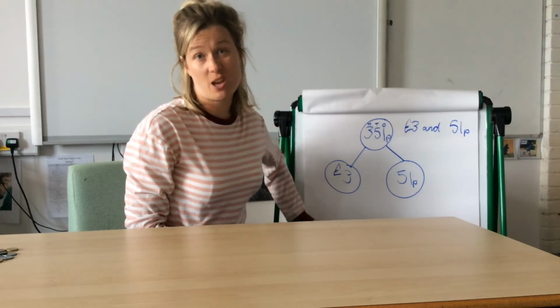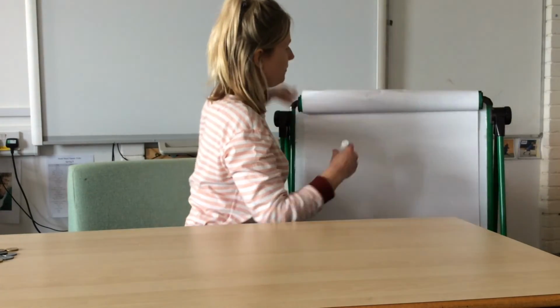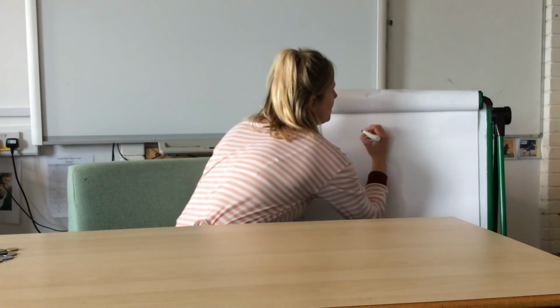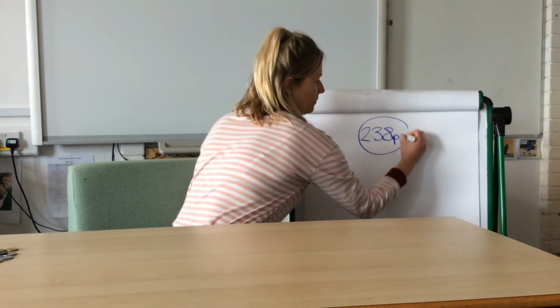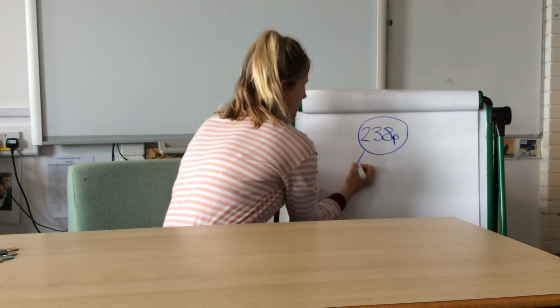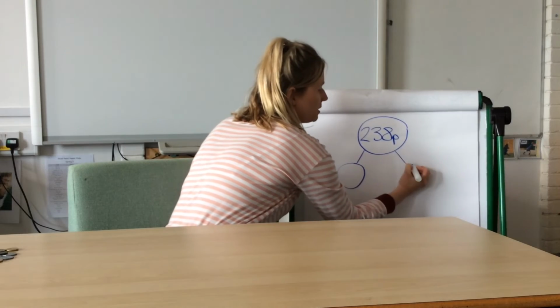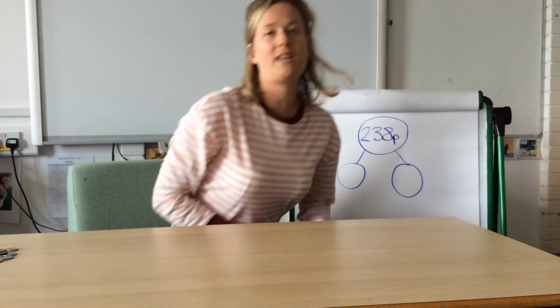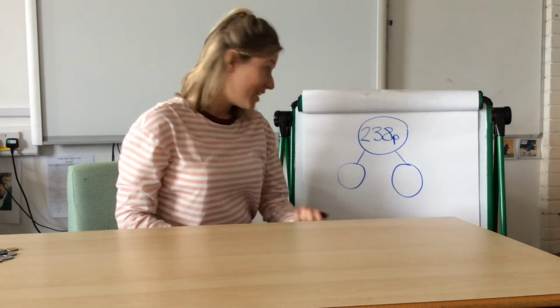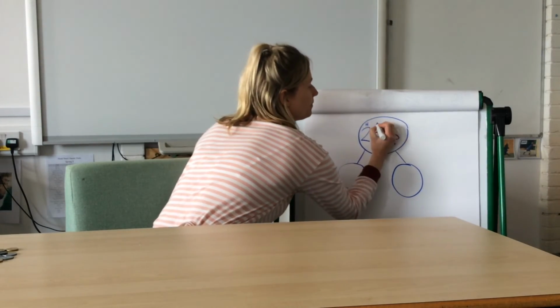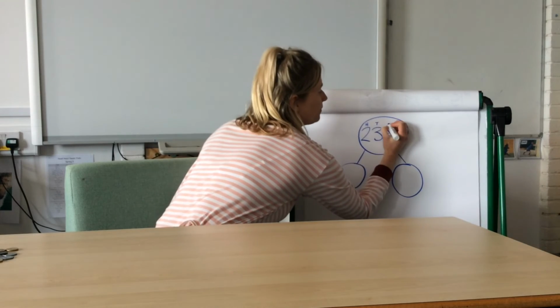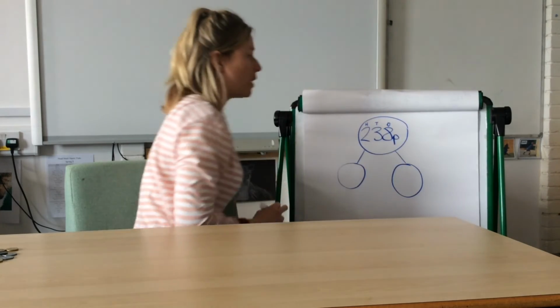I'd now like you to have a go at one yourself. You can draw out your little partition model along with Mrs. Cashin if you like. I'm going to do 238p, and I would like you to partition it into pounds and pence for me. Pause the video. Okay, let's do it together. So I know that there are 2 hundreds, 3 tens and 8 ones.